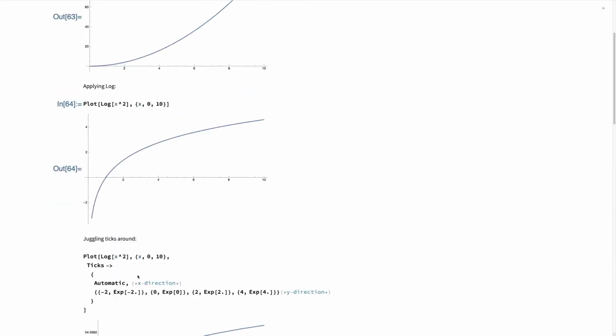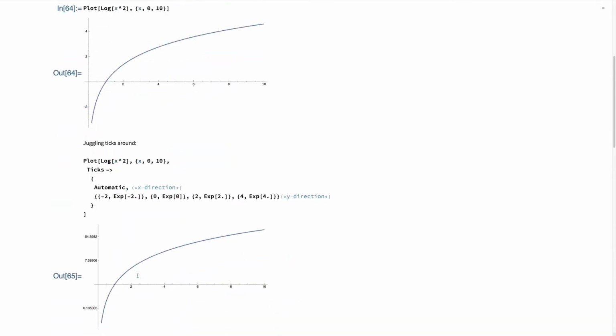So what we can do is use the Ticks option and just specify the ticks. The syntax is that you specify where the ticks are to be and what label you want to see. In this case, the ticks from the plot above are -2, 0, 2, 4. We could just copy that and say we want to see them at these locations.